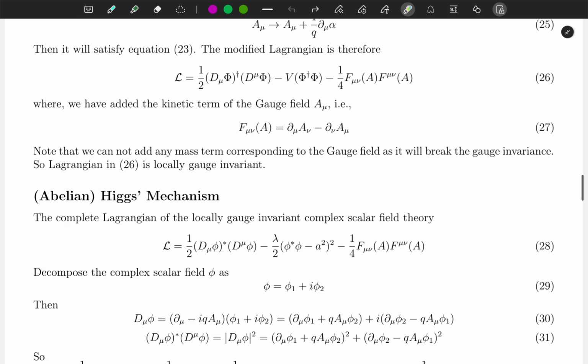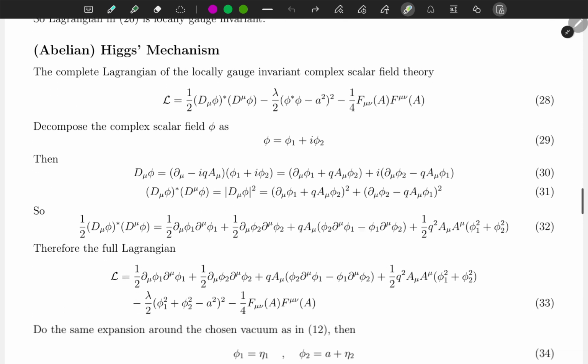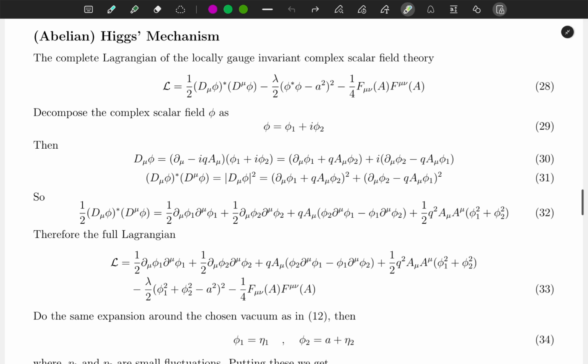So you can't add a mass term to this gauge field. This gauge field is massless, so A mu is massless. So these were the necessary prerequisites to understand the Higgs mechanism.